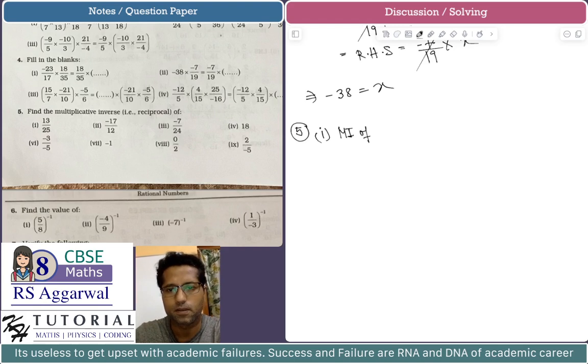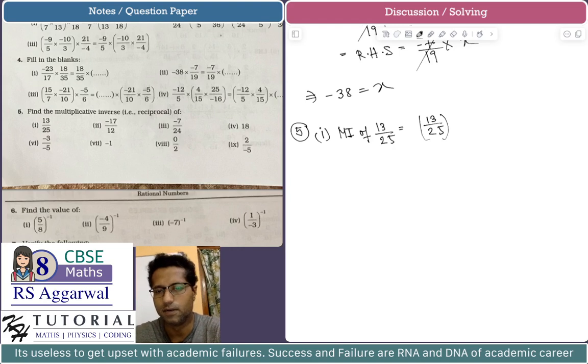The multiplicative inverse of 13 by 25, or the reciprocal of 13 by 25, is represented as 13 by 25 to the power minus 1. Its value as a rational number is found by interchanging the numerator and the denominator. So this becomes 25 by 13.